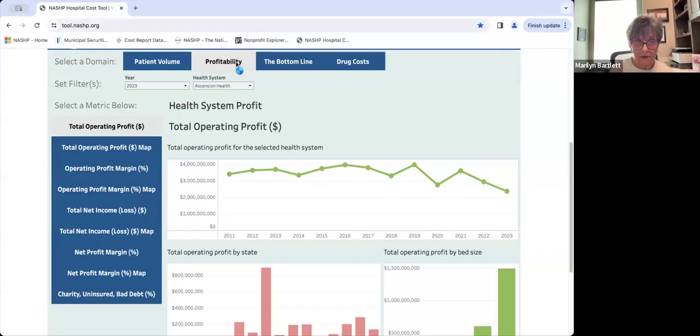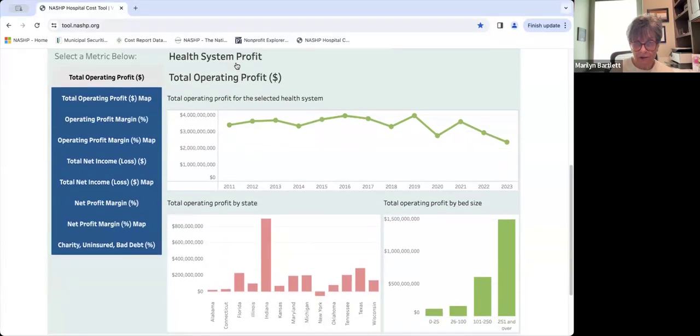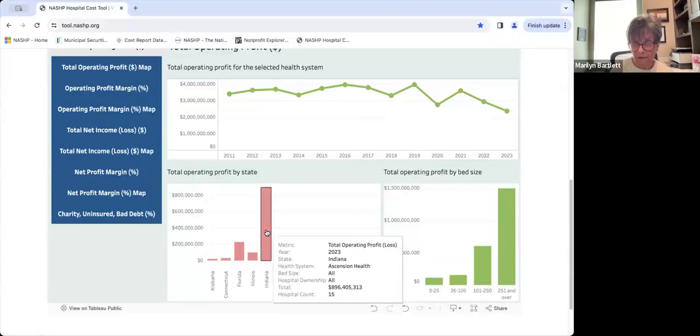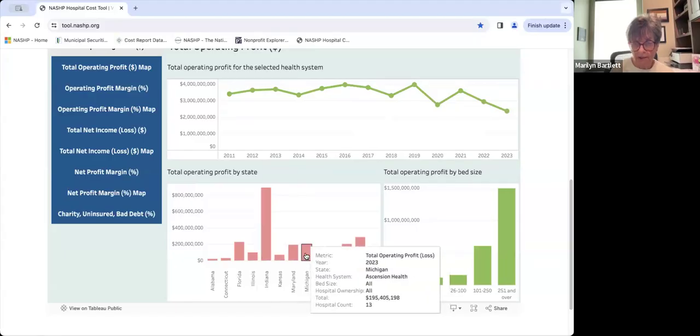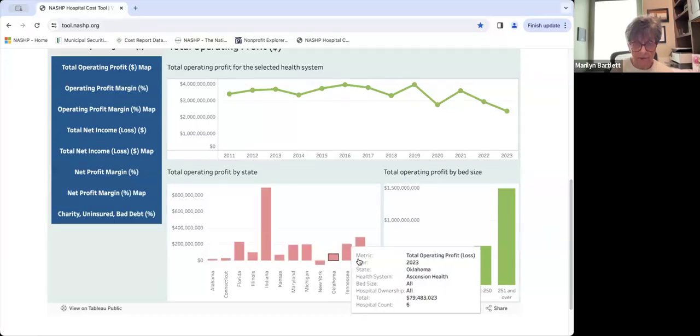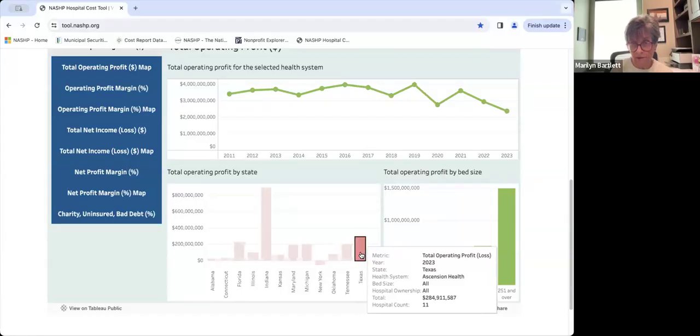We jump to profitability. And this is operating profit in dollars and cents. And we're able to see, of the 15 hospitals in Indiana, the profit margin. You're able to click on any of these again if you want to look at Michigan, if you want to highlight it. You can look at Texas, 9 hospitals.